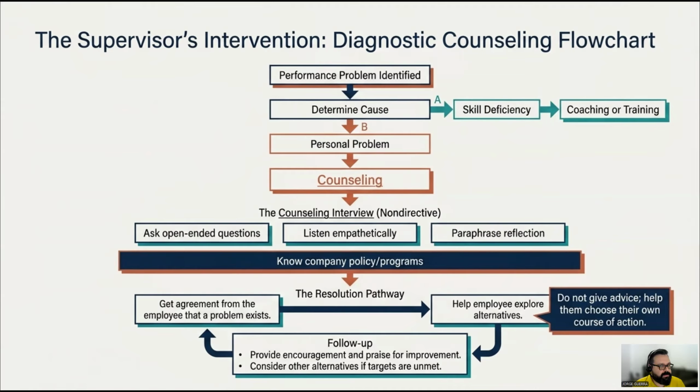Ask questions, listen, don't give answers immediately, right? Because the goal is obviously to help employees solve their own problems, right? So you can follow this little flow chart, and here you determine if it's a skill deficiency or maybe a lack of coaching or training, right? And then just follow through the flow chart.